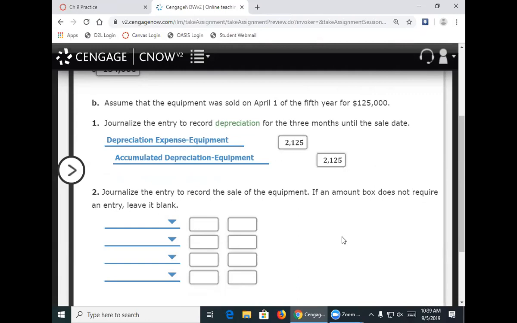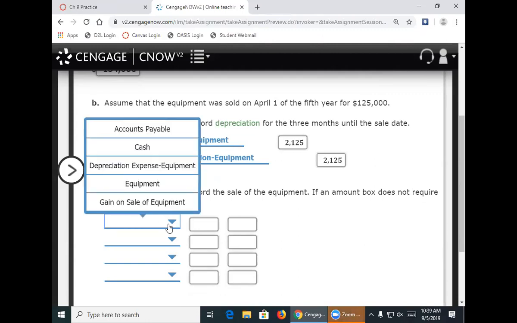No. We lost money. We have a loss on this because we could take $131,875 minus $125,000. So $6,875 we lost. Not the best sale, but maybe there was something wrong with the equipment. We want to get rid of it. We won't tell them. Just pass it on right now.